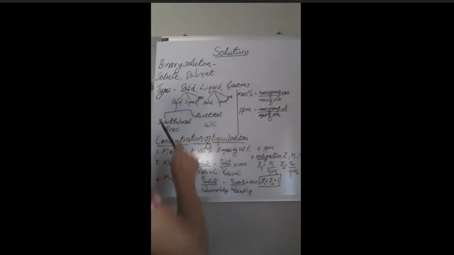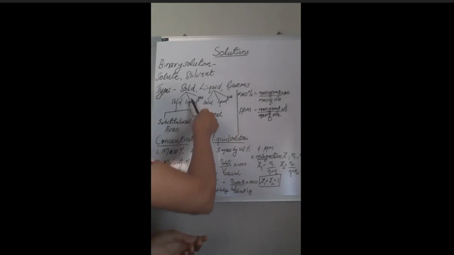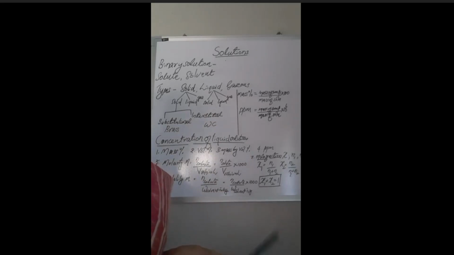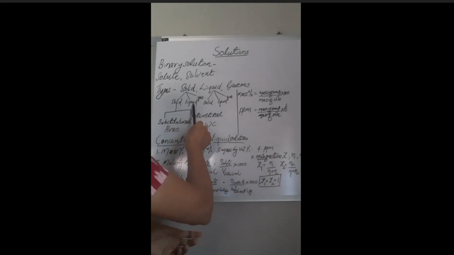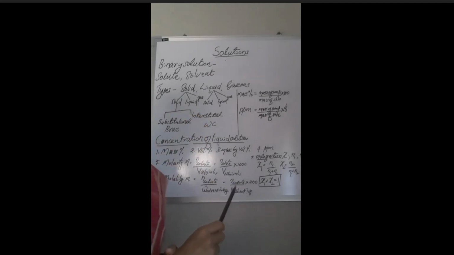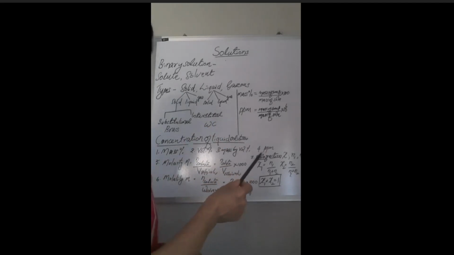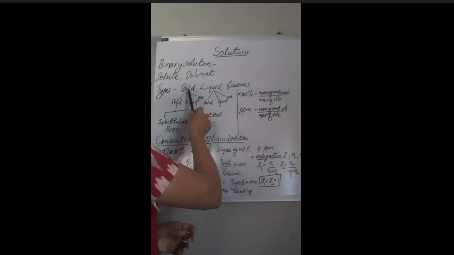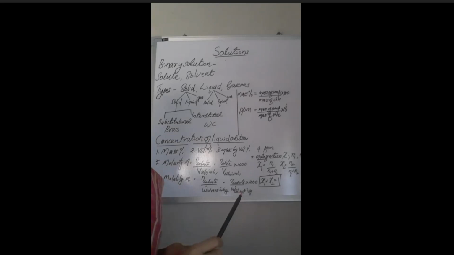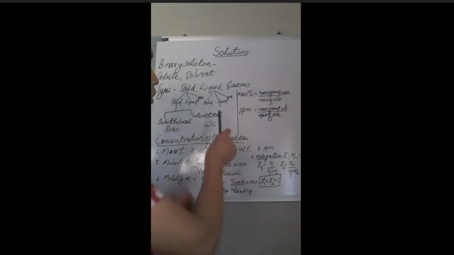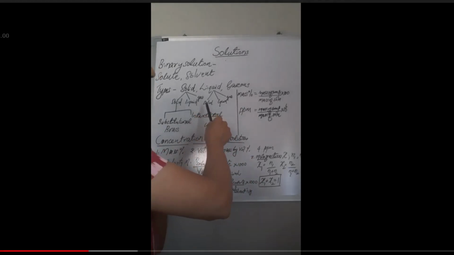Solid solutions can be of three types: solid dissolved in solid, like copper dissolved in gold, alloys; liquid dissolved in solid, like mercury dissolved in sodium metal, sodium amalgam; and gas dissolved in solid, like hydrogen gas dissolved in palladium.